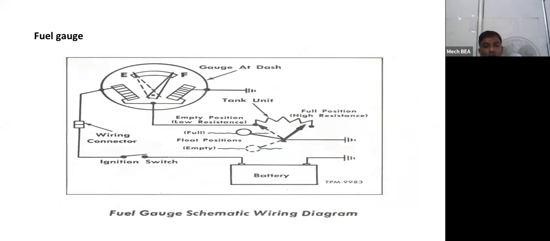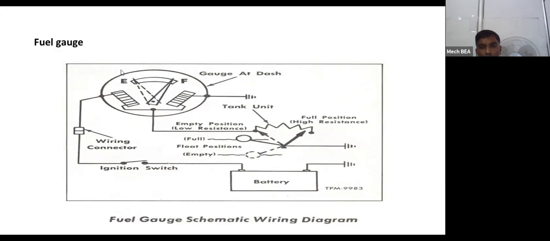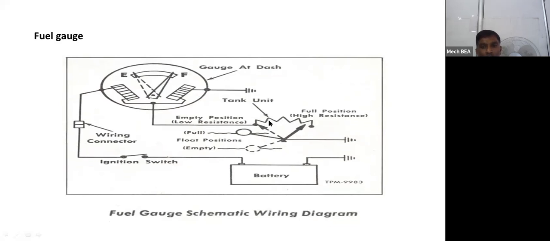This is another image for the fuel gauge. This is the meter which is on the dashboard, shown in a somewhat different way. This is the register which we have seen.